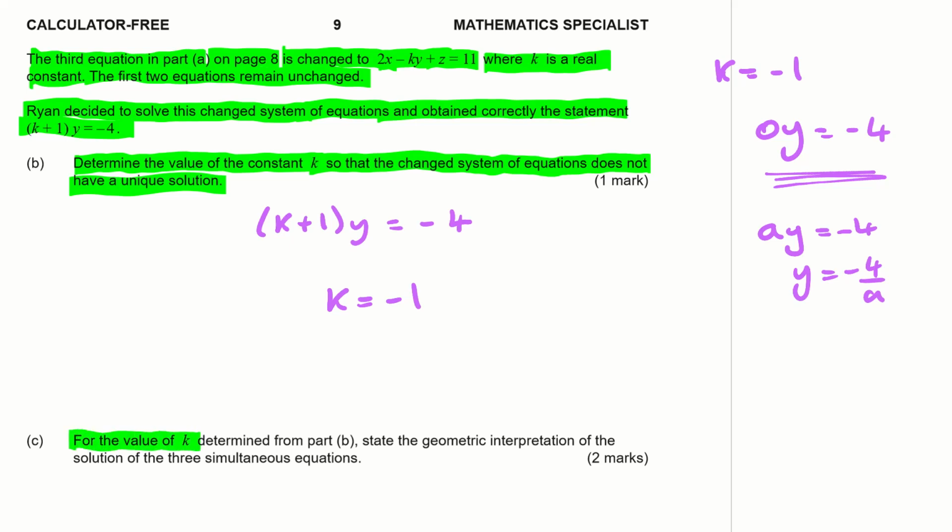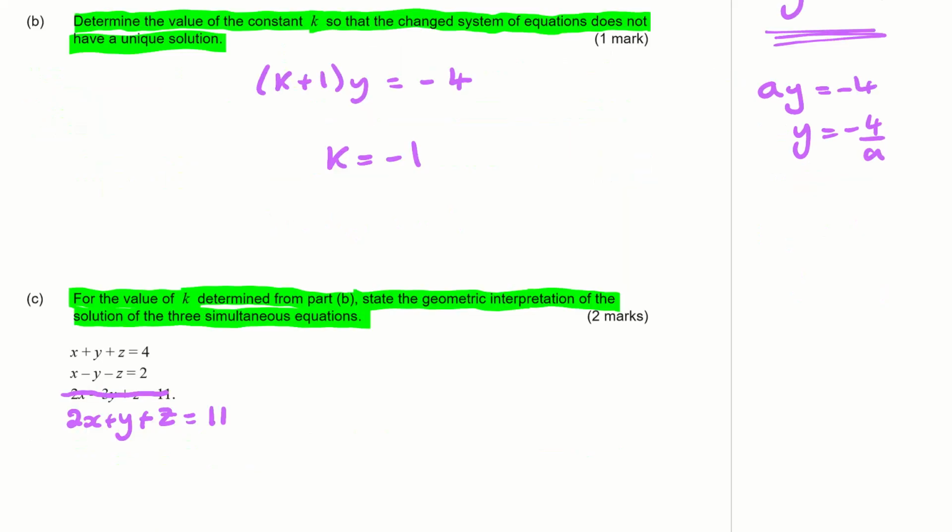For the value of k determined from part B, so our negative 1, state the geometric interpretation of the solution of the three simultaneous equations. So here we have the three equations, and you can see I've changed number 3 to reflect the value of k equal to negative 1.